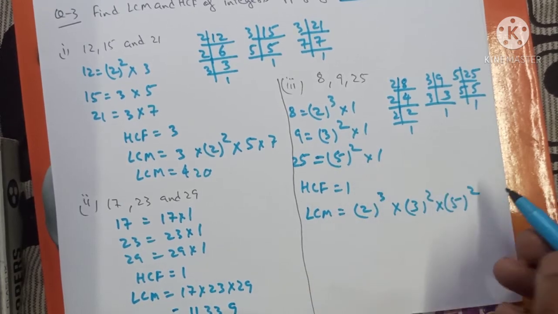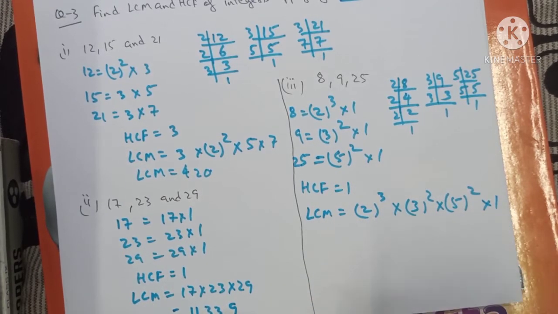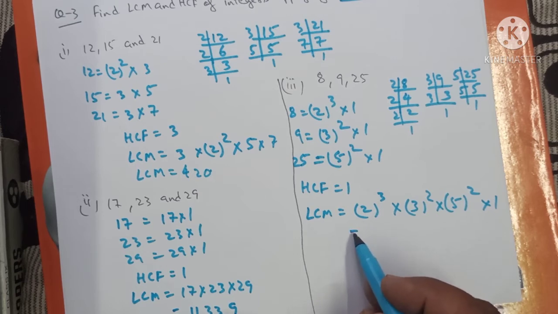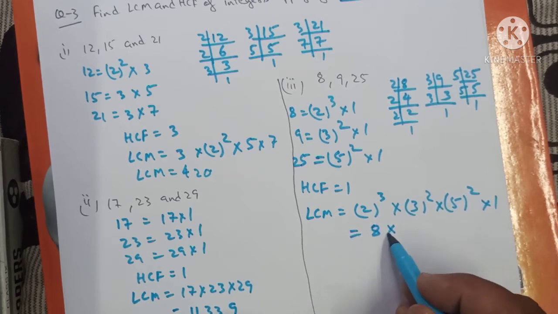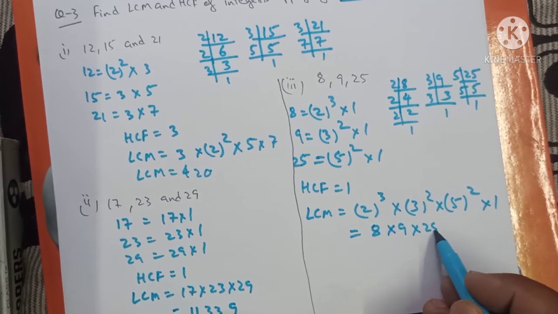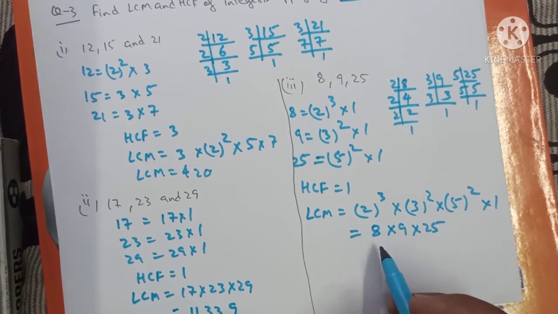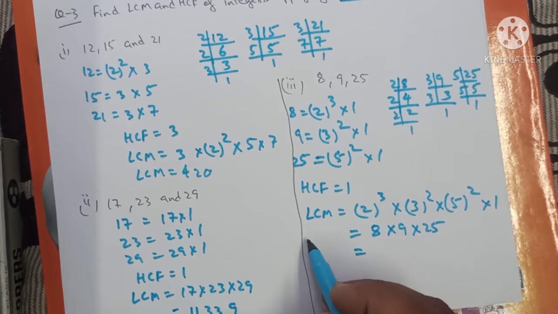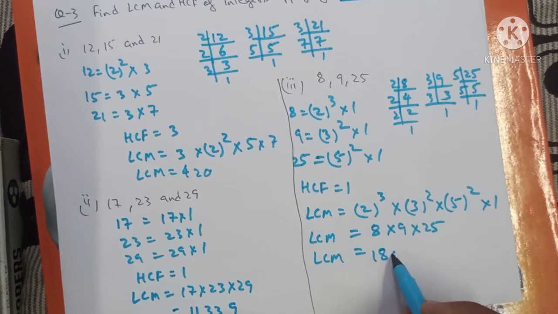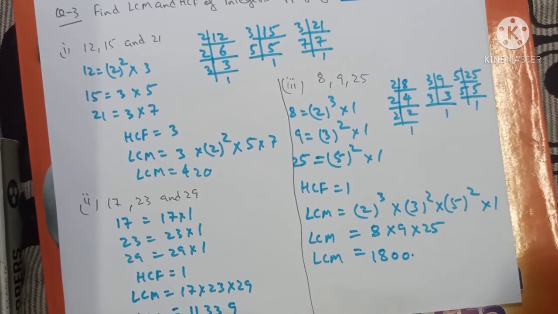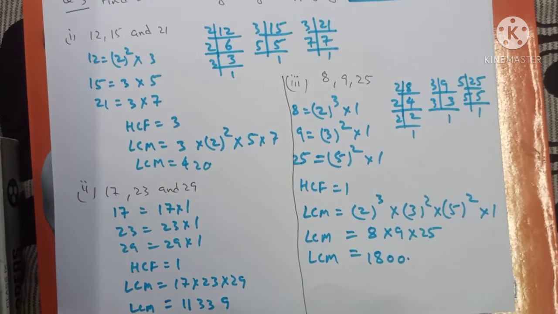So common factor is 1 only, multiplied by the non-common factors 2 to the power 3, 3 to the power 2, and 25. 72 into 25 is coming out to be 1800. This will be the answer for the third part.